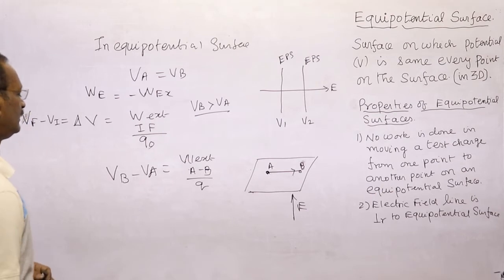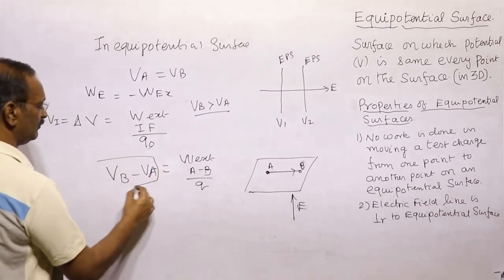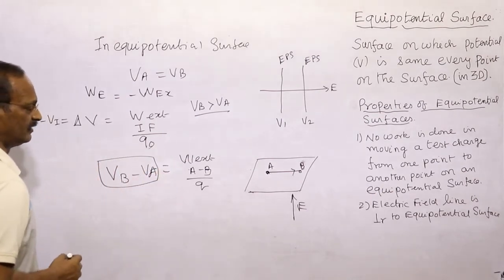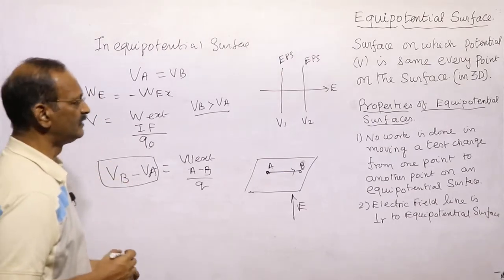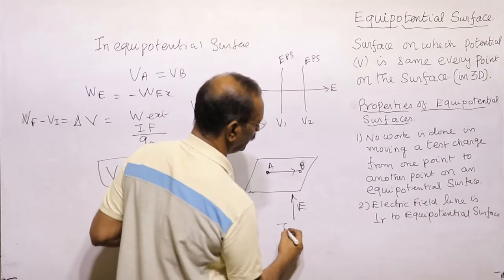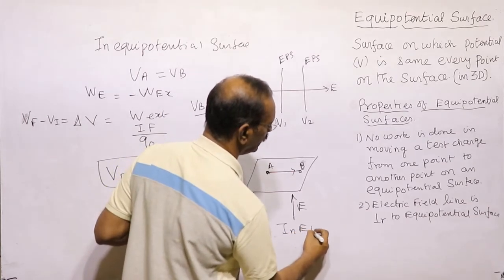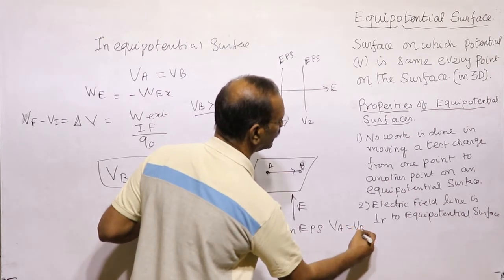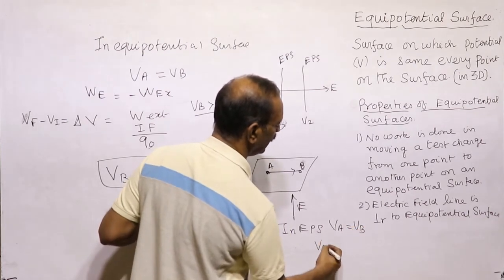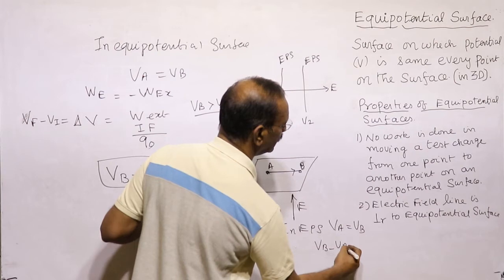So what does this mean? Since both points are at the same potential on an equipotential surface, the potential difference is zero. That is, on an equipotential surface, potential at every point is the same. That is, VA minus VB is equal to 0, or VB minus VA is equal to 0.